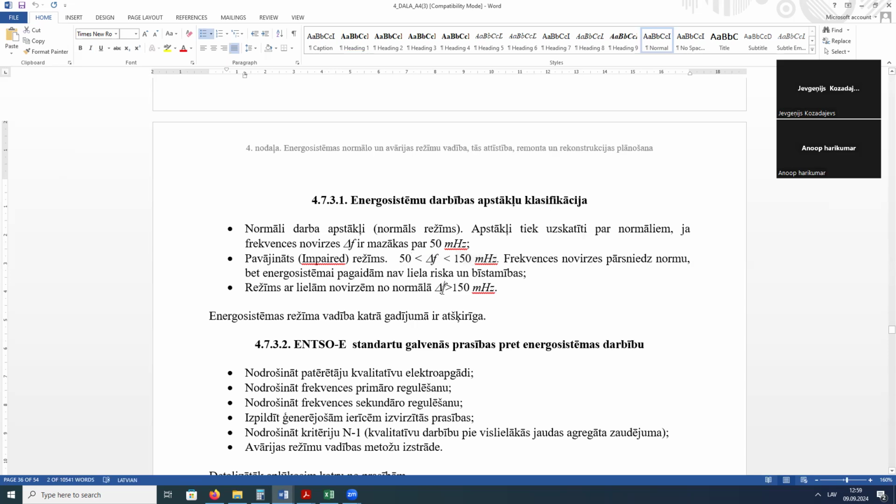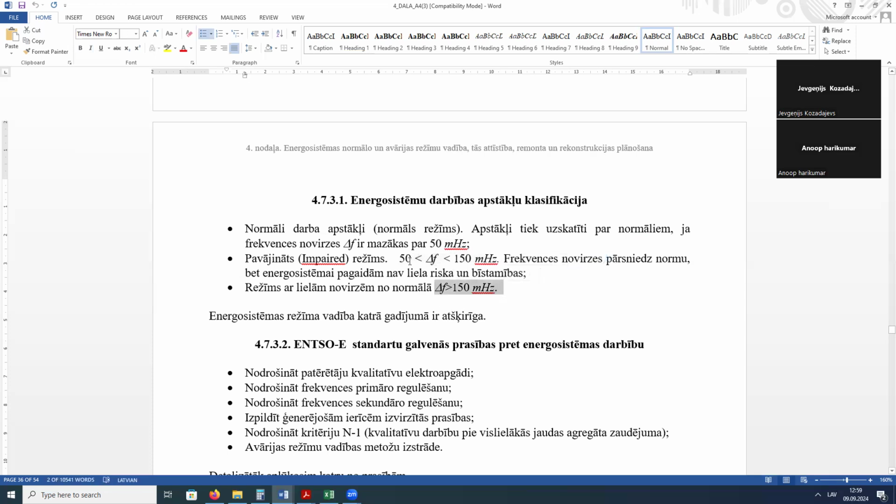And if the deviation of frequency is more than 150, this is a huge deviation. That means we are far away from the nominal and we need to take action to move it back. So this is normal, this is abnormal, but this is dangerous.